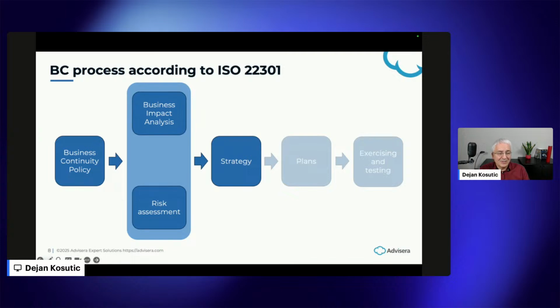Now, why is this needed? This is needed so that you can prepare all of those resources before an incident happens. Let's say that you have a physical server. Let's say that you are not using a cloud, but you have a physical server.